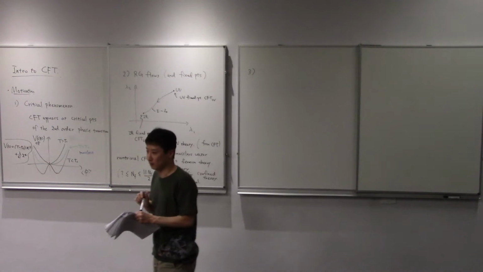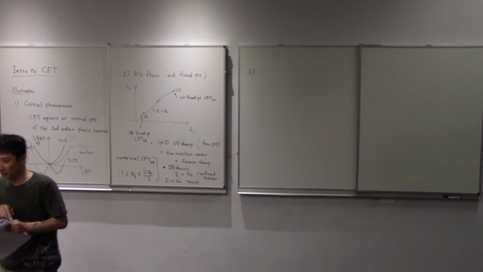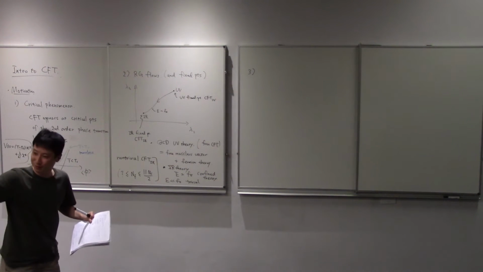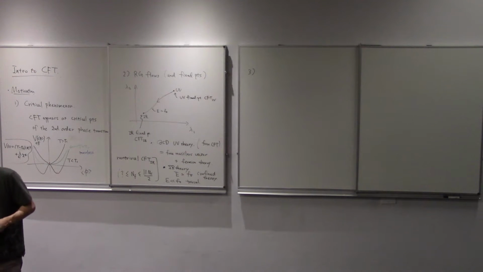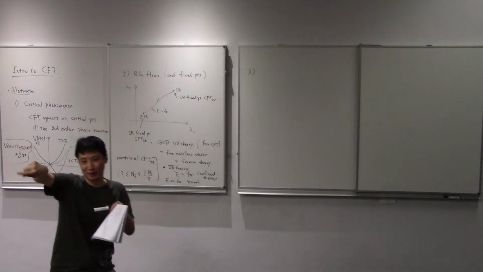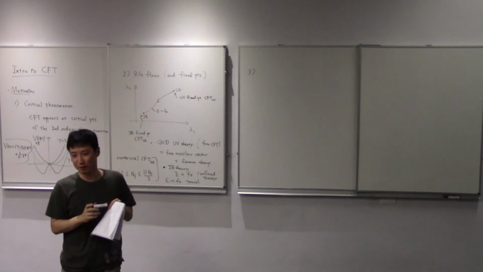I'll come to that a bit later, but before going there, to get to AdS/CFT you have to know something. My question was about the other side. You mentioned N=4.